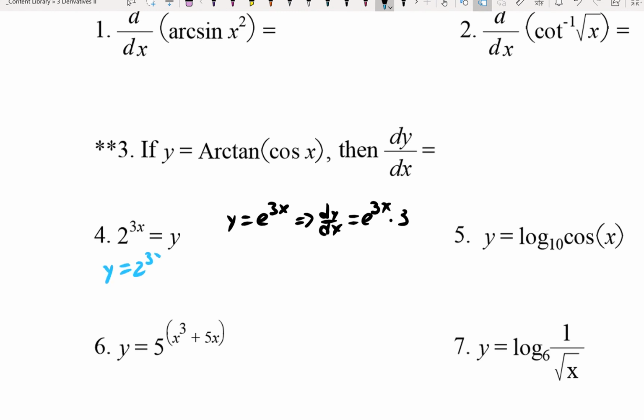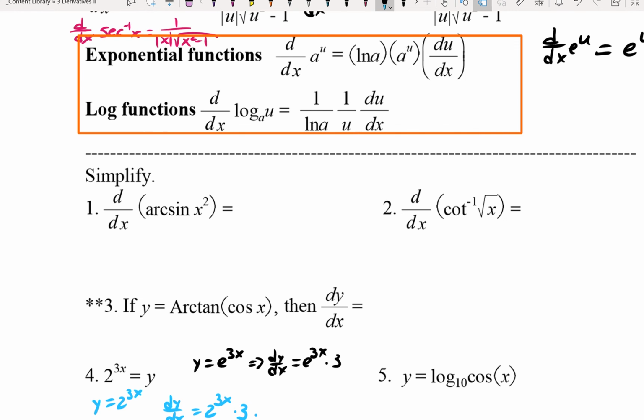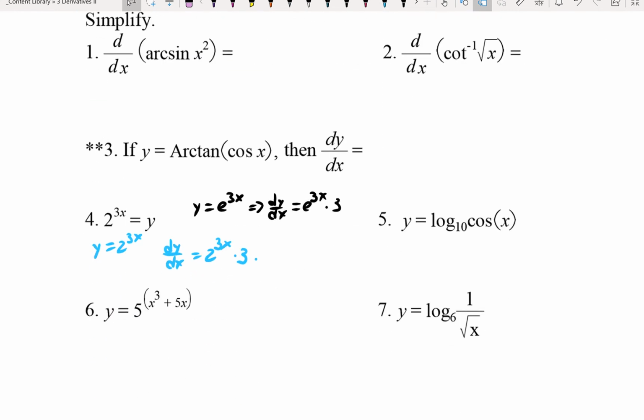So if I've got 2 to the 3x, I'm still going to get the function back itself, 2 to the 3x, and I'm still going to have to multiply by the derivative of the inside, 3, but I have to multiply by an extra term if it's not e, and going back up here, that extra term is the ln of the base. So in this case, that would be ln of 2. That's going to be my answer to number 4.